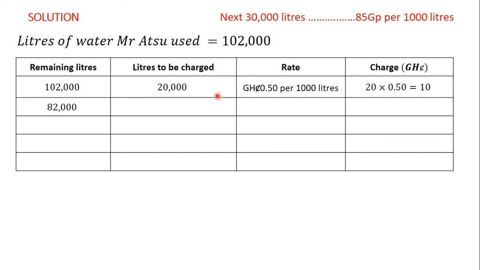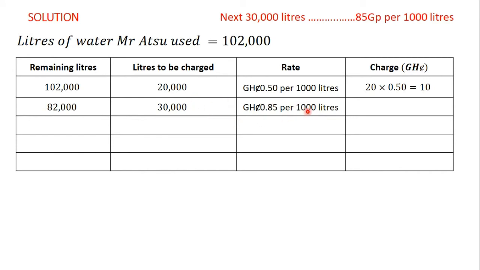So it means that the liters to be charged is 30,000, and the rate is 85 Ghana pesos per 1,000 liters. Once again, our charge is in Ghana cedis, so you have to convert 85 Ghana pesos into Ghana cedis. You do that by dividing 85 by 100. When you do that, we have 0.85 Ghana cedis. It means that the rate is 0.85 Ghana cedis per 1,000 liters.